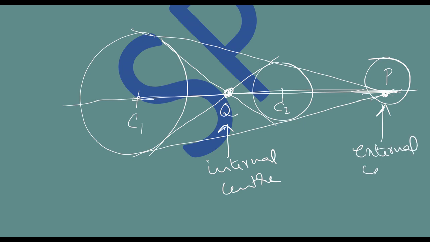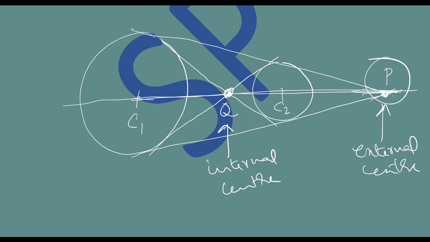That is how they are named. They have given names like that to these 2 points, so we simply call them like that. This point is called the internal center of similitude and this is called the external center of similitude. This terminology is very important while doing problems.